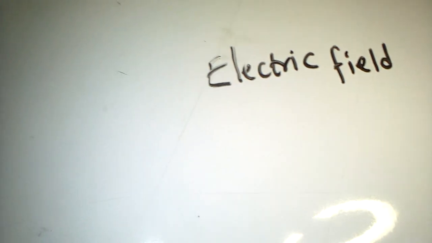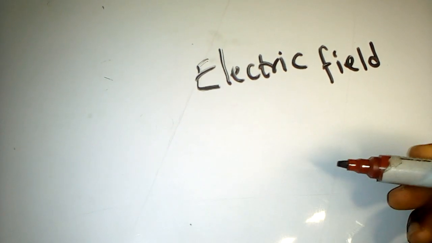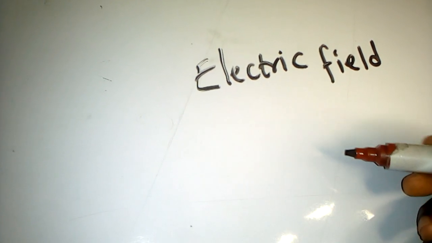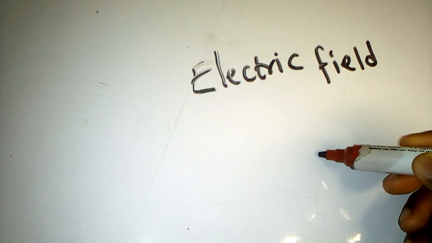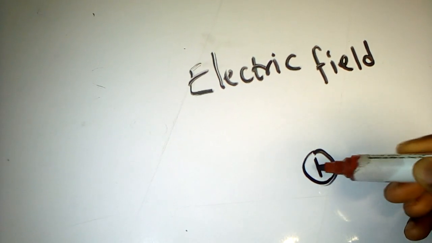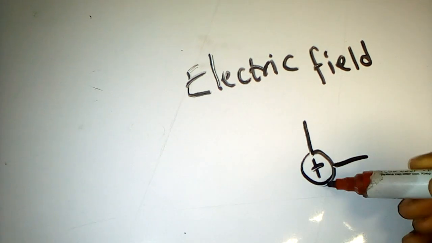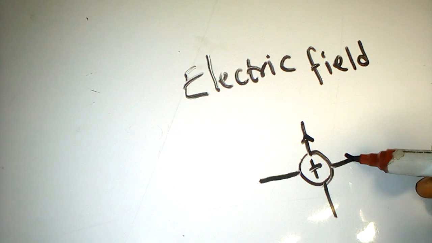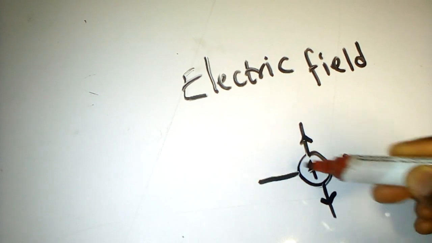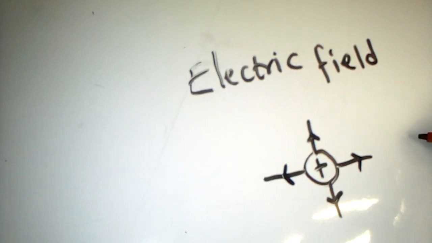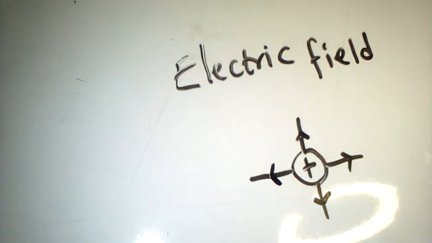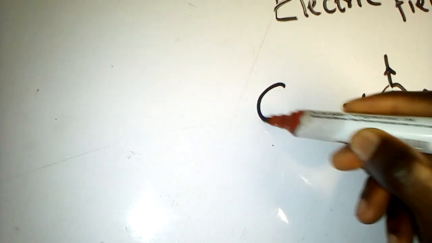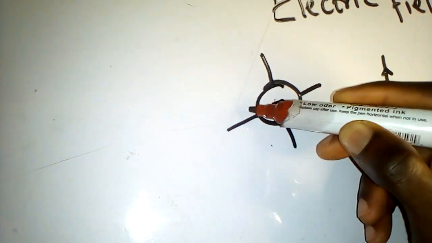We can define electric field as a space or region where a charged body experiences the effect of electrical force. Now let's look at a positive point charge, a charged body with positive charge. You see that the lines act in an outward manner. For a negative charge, they act in an inward manner.